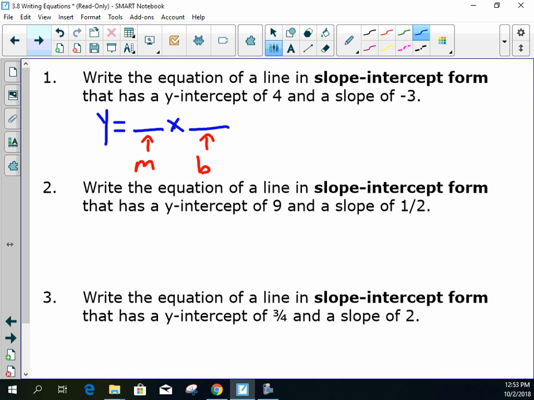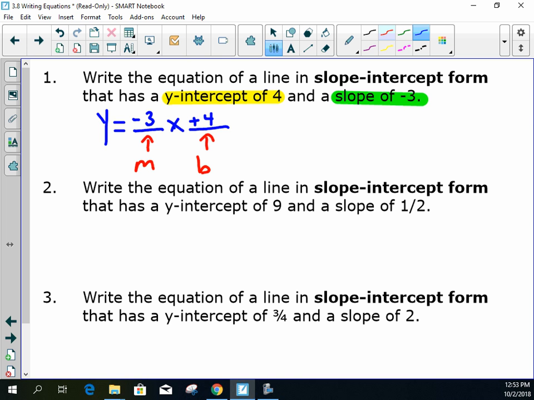So now we're lucky because they're telling us our slope and our y-intercept: a y-intercept of 4 and a slope of negative 3. So all I have to do is put my y-intercept right here, plus 4, and my slope, negative 3.